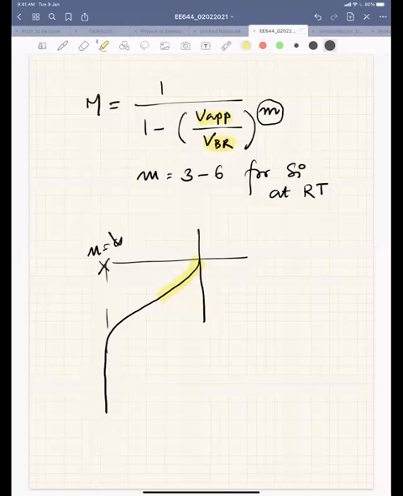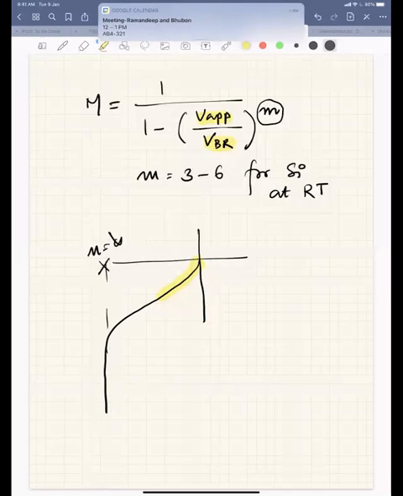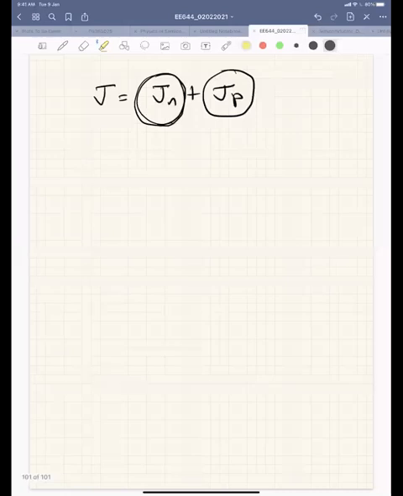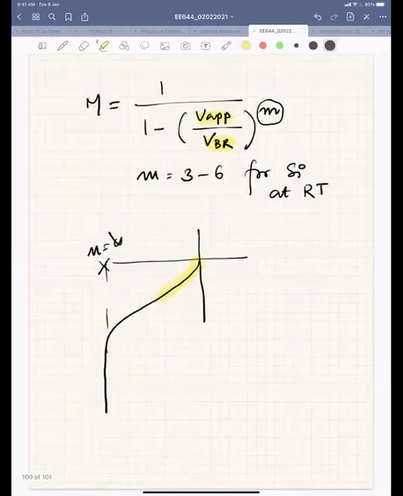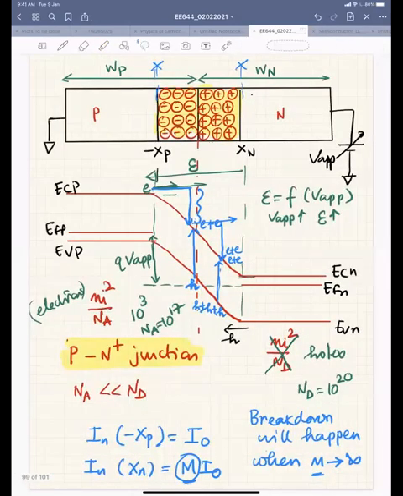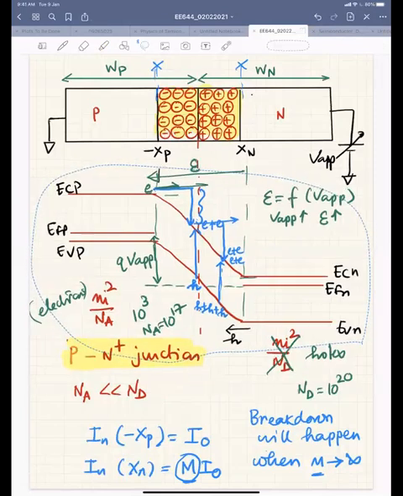Yes, sir. So what will happen to the breakdown voltage if I increase the temperature? Sir, it should increase because the electron energy would increase.